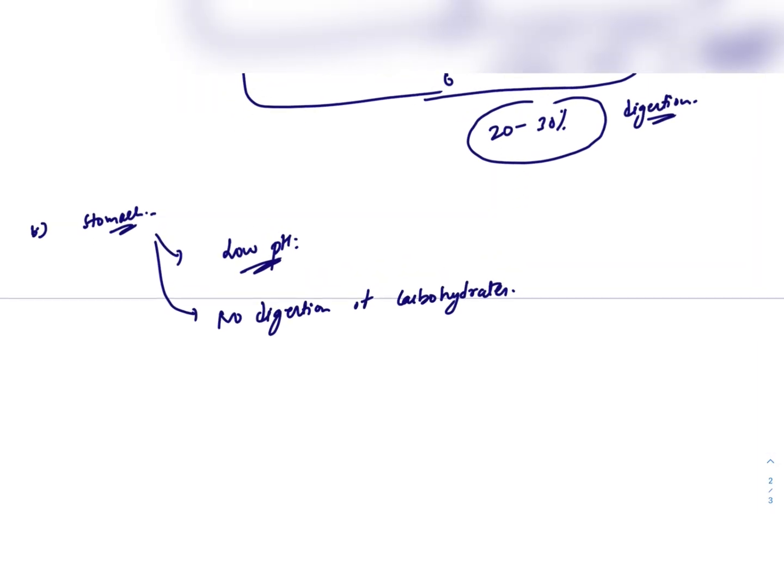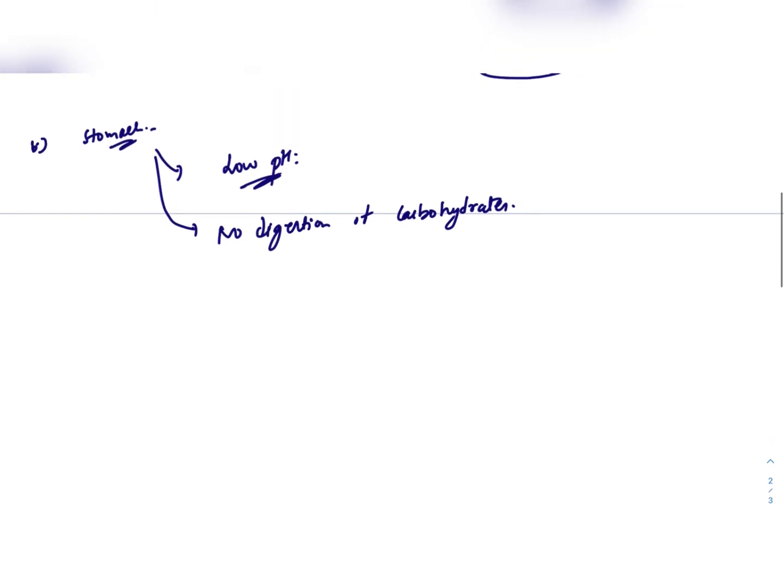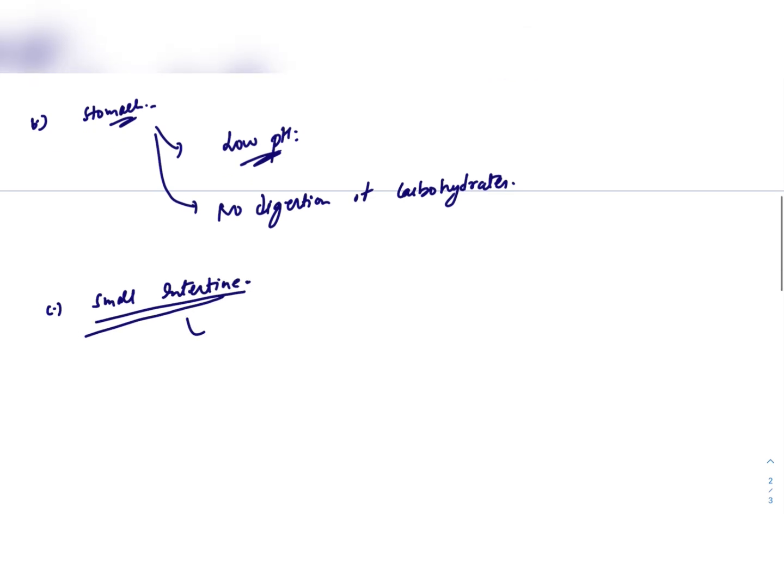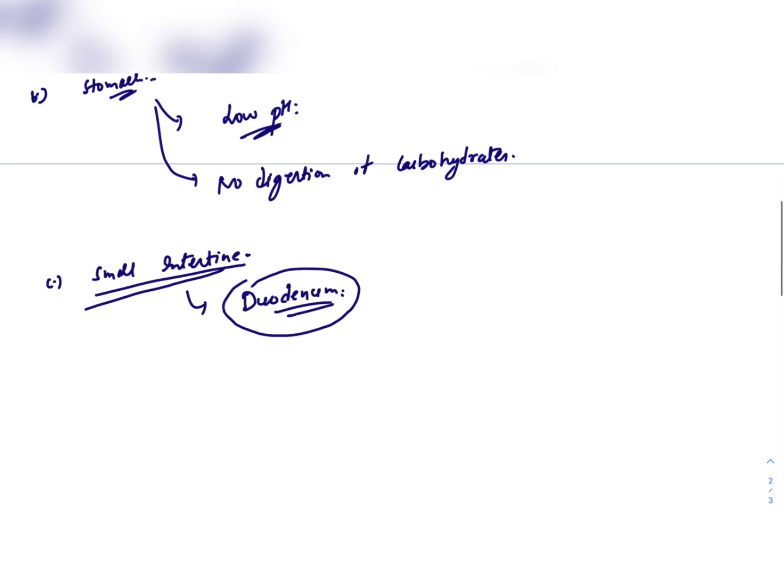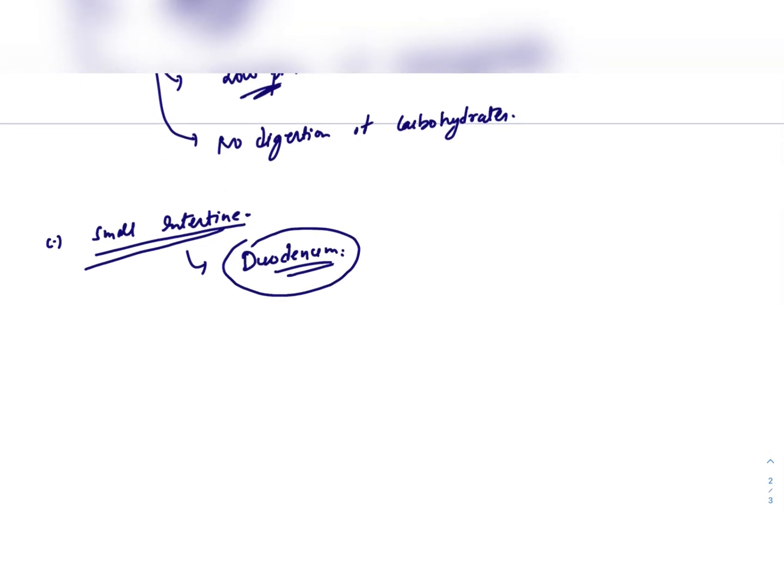After the stomach, the food reaches the small intestine, or you can say the food reaches the duodenum. As the food reaches the duodenum, the food bolus or the food particle is surrounded by an acidic environment. So the food bolus is acidic.